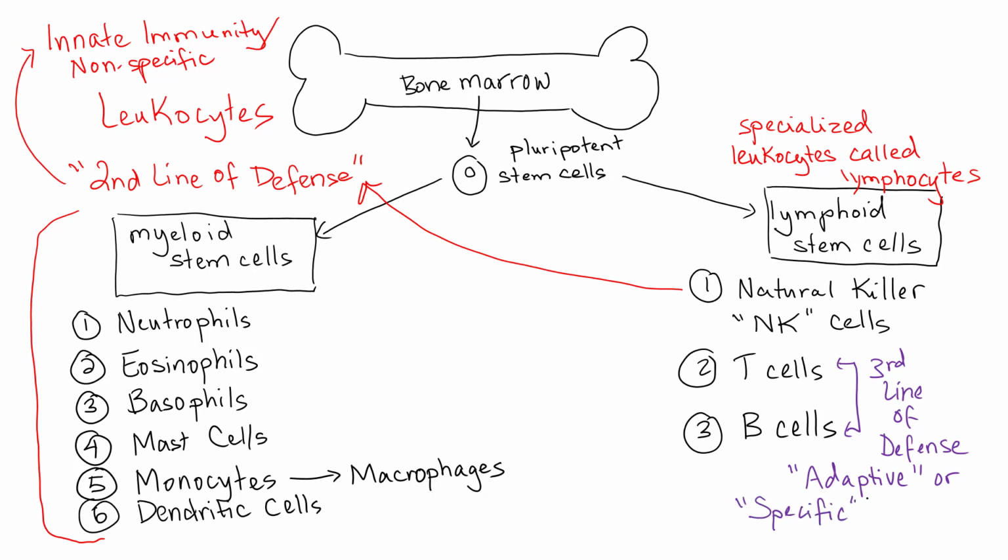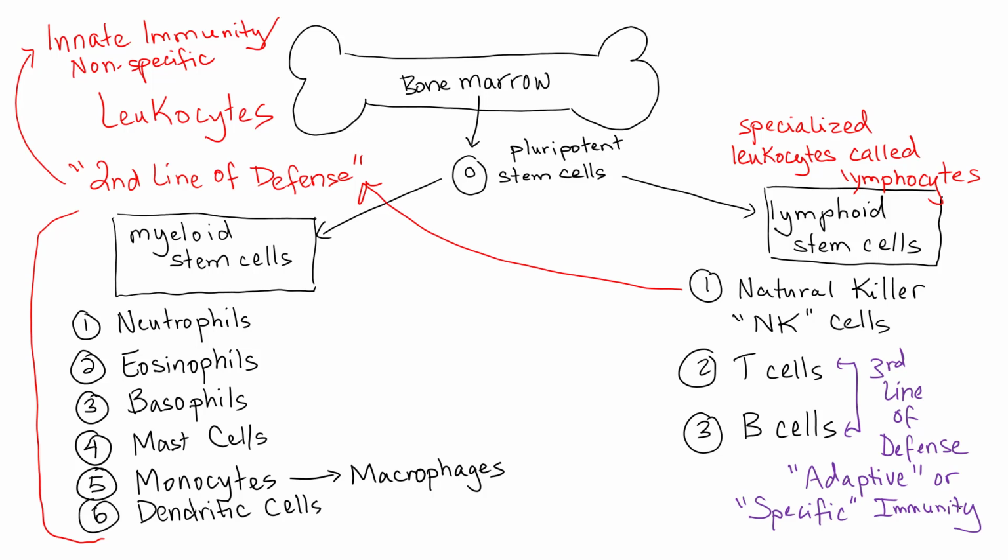Because these cells coordinate a very targeted approach to the pathogen, they are specifically chosen and carry out a response to target exactly what pathogen has invaded your body. And more on that later.